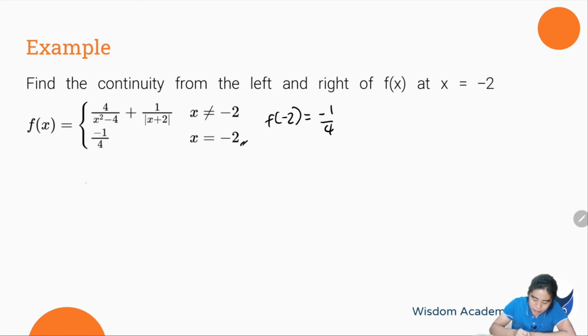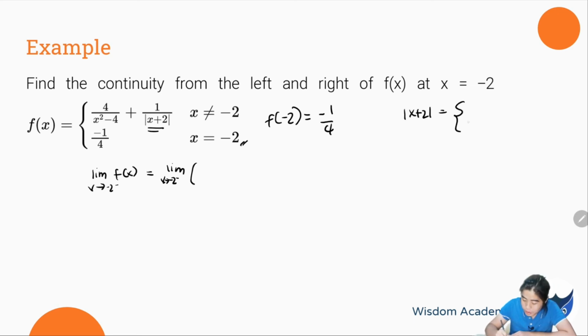Ngayon, hanapin naman natin yung continuity niya from the left. To find its continuity from the left, we must find its limit as x approaches negative 2 from the left. Since may x plus 2 na term dito, alalahanin natin na absolute value of x plus 2 is equal to x plus 2 for x greater than negative 2, and negative of x plus 2 kapag naman x is less than negative 2.